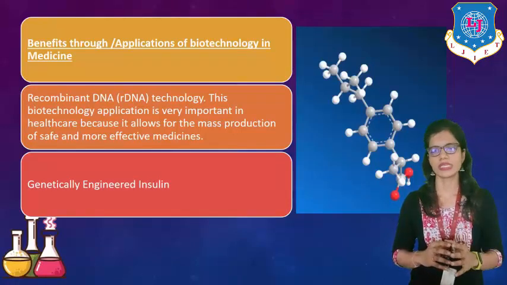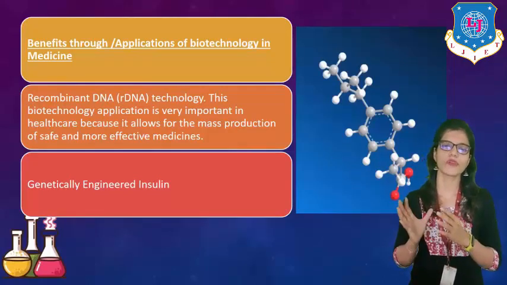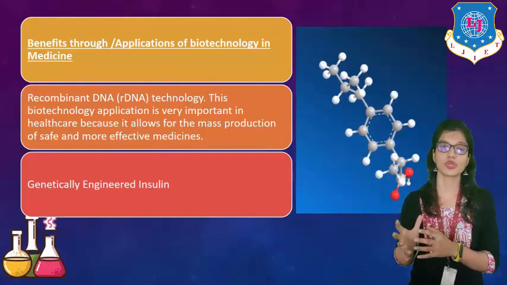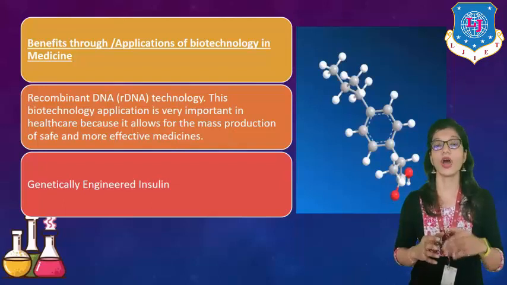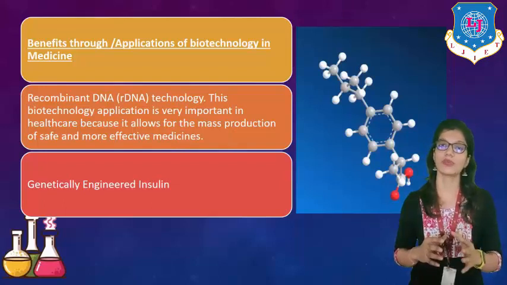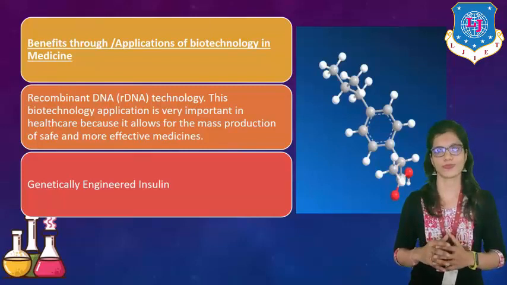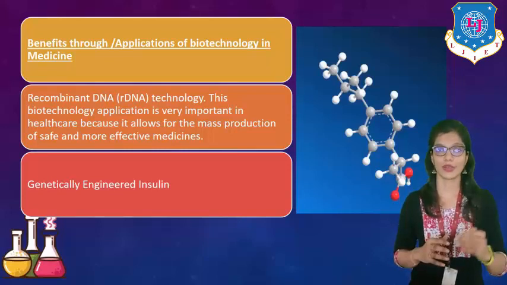That means that without it we cannot produce our vaccines or medicines in a mass production manner. If we know this technology and apply it on a large scale, then we can produce them in large amounts also.